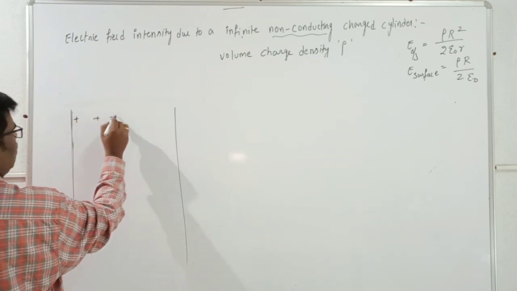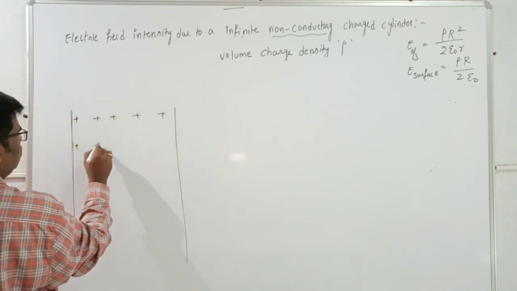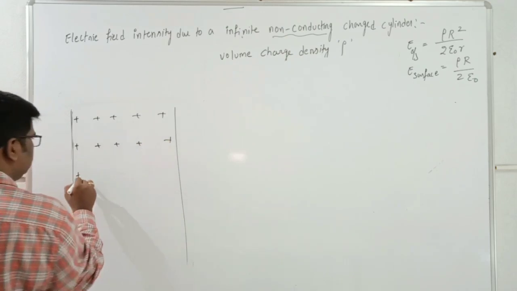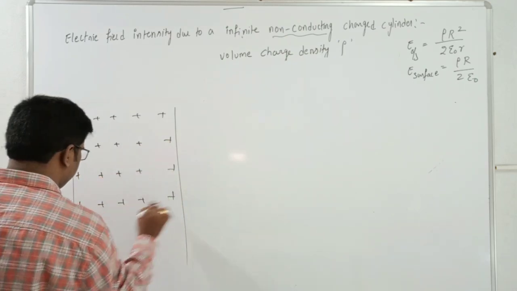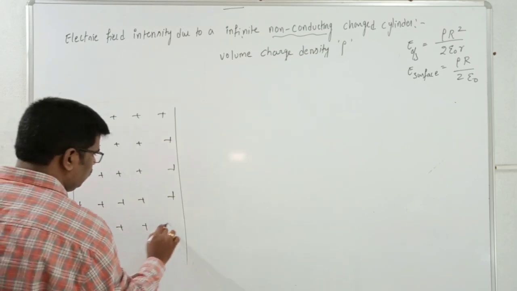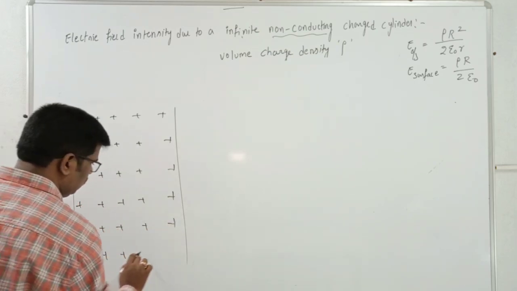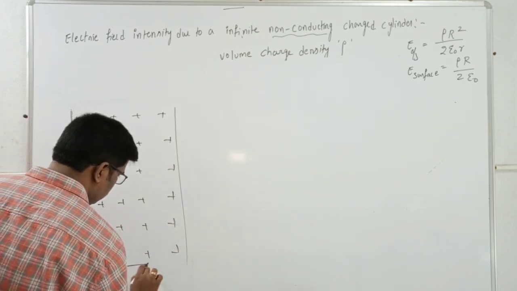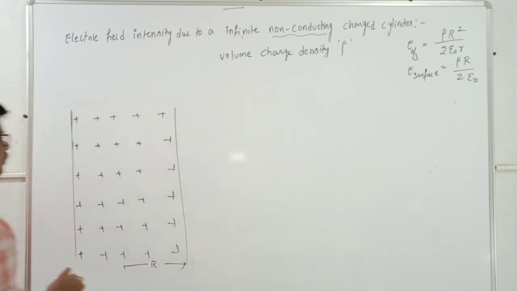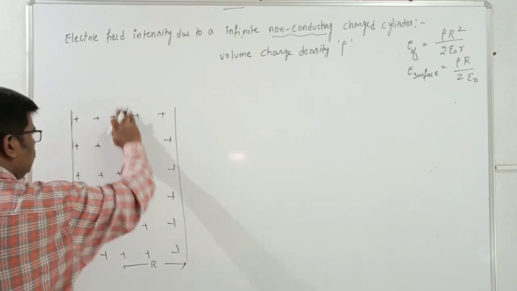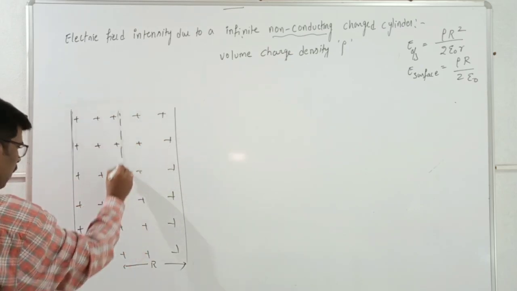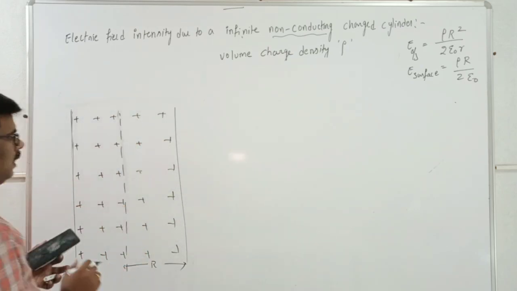This is a charged cylinder whose radius is capital R from the axis. This is the axis of the cylinder.